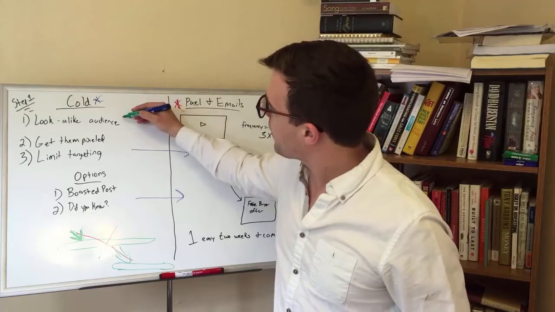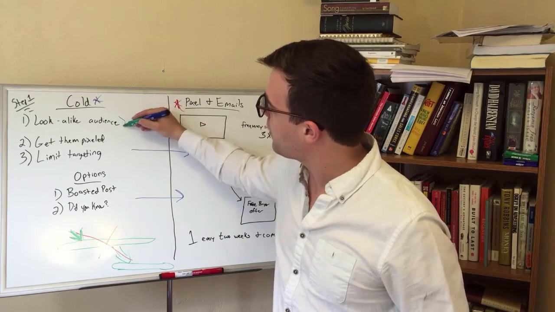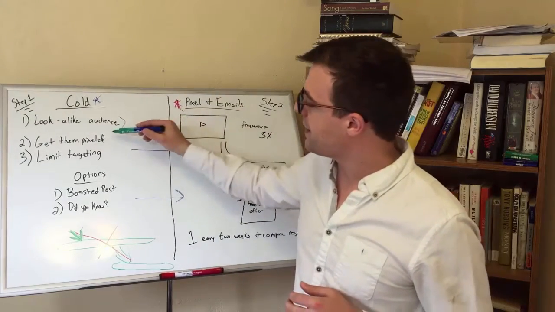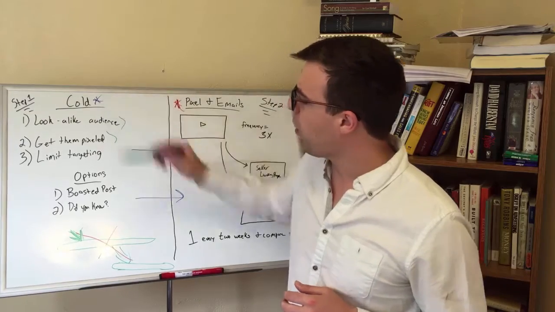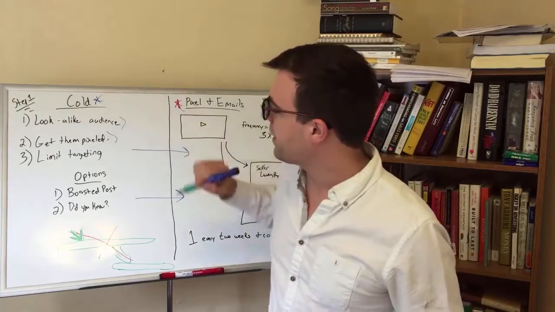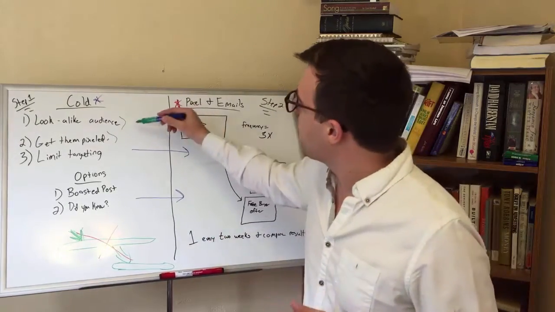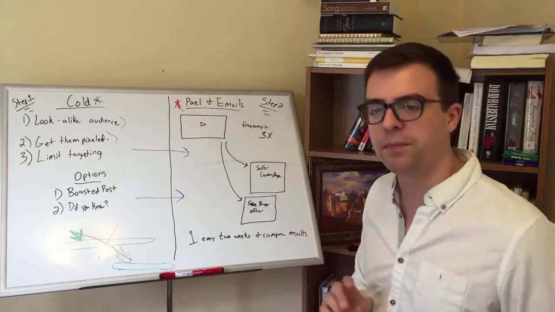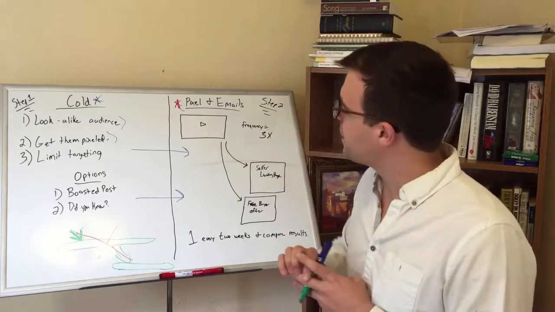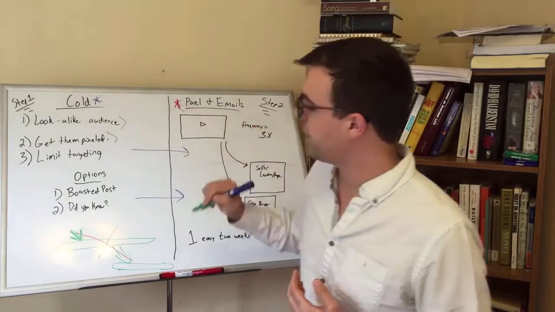The first is something that I like to call lookalike audiences. We'll get into what that is. The second is using this cold traffic to get people pixeled. So you see how we have the two-step system here. Step 1 of the system is just getting them pixeled.